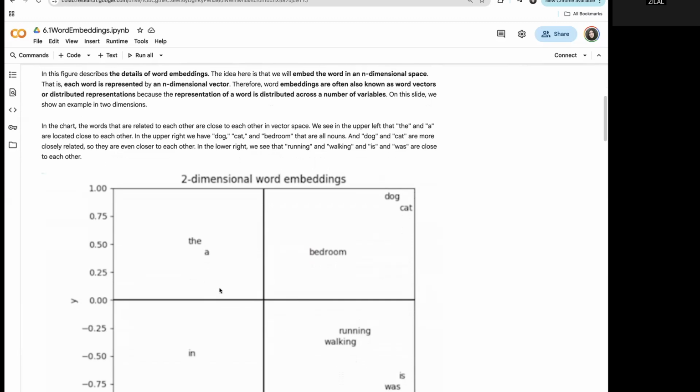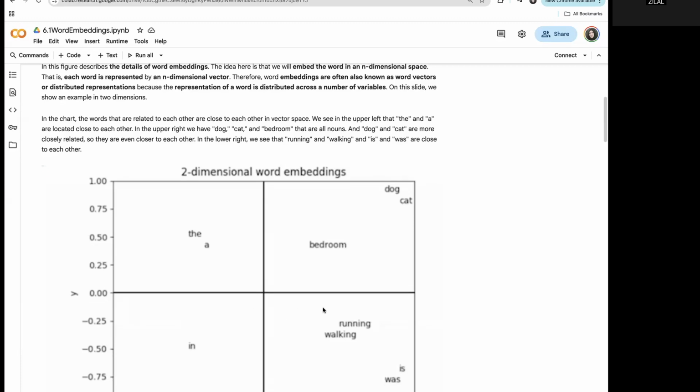That is, each word is represented by an n-dimensional vector. Therefore, word embeddings are often also known as word vectors or distributed representations, because the representation of a word is distributed across a number of variables.